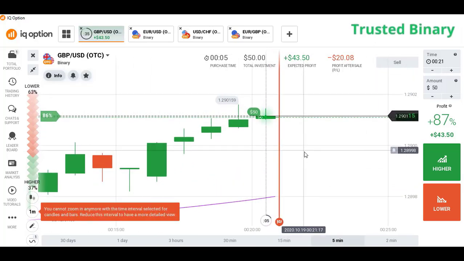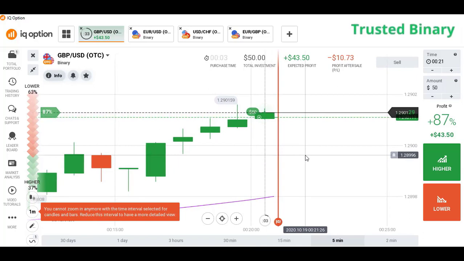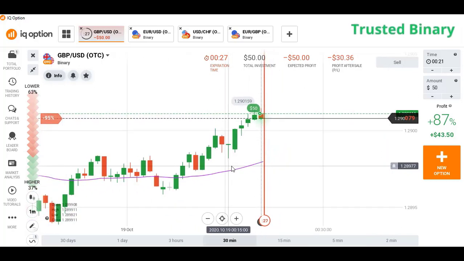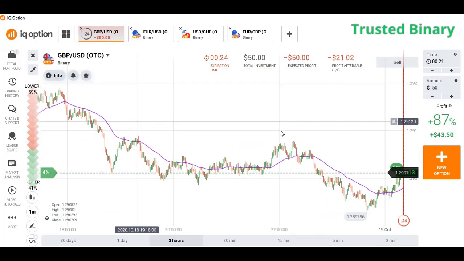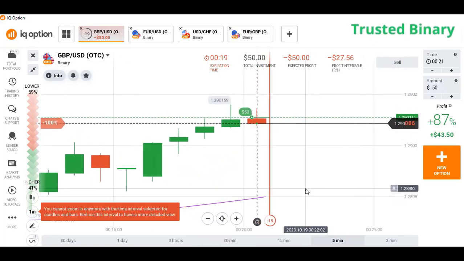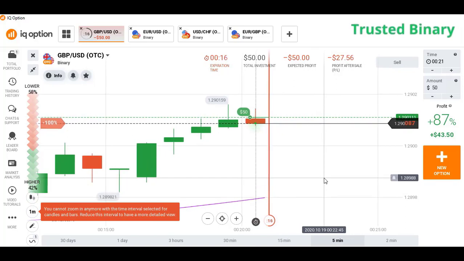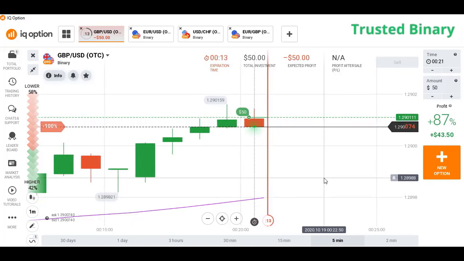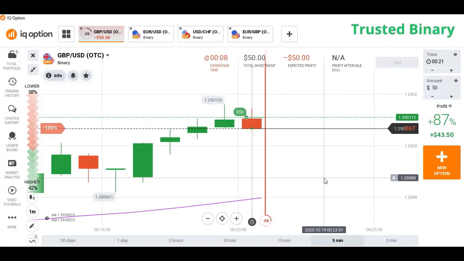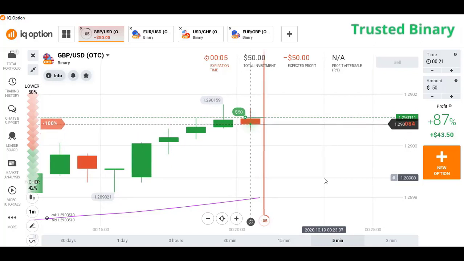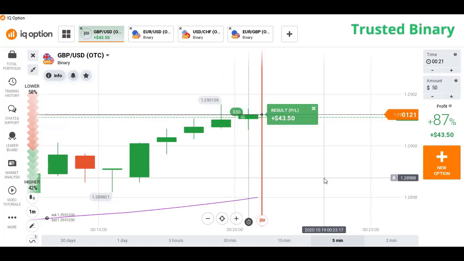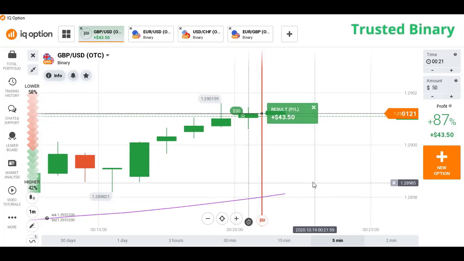So let's see what will happen here. So this is my winning trade.